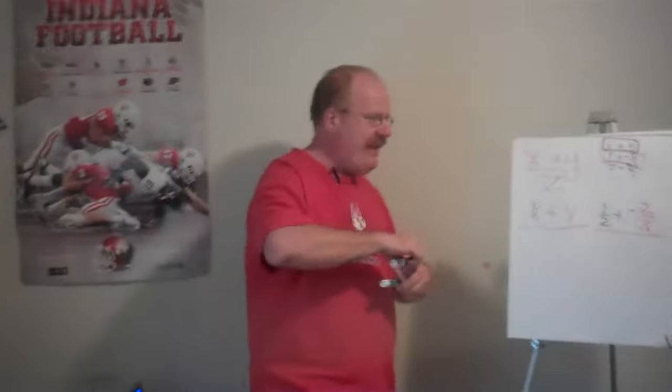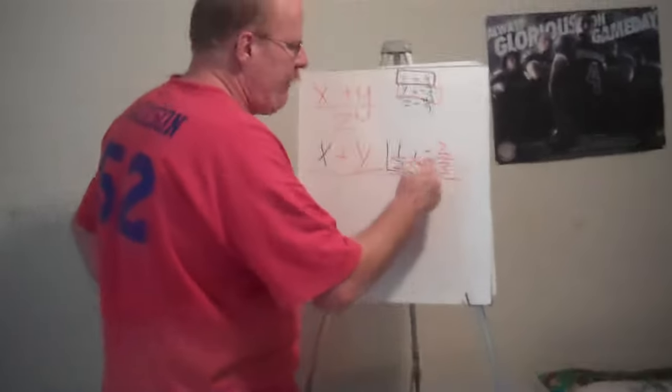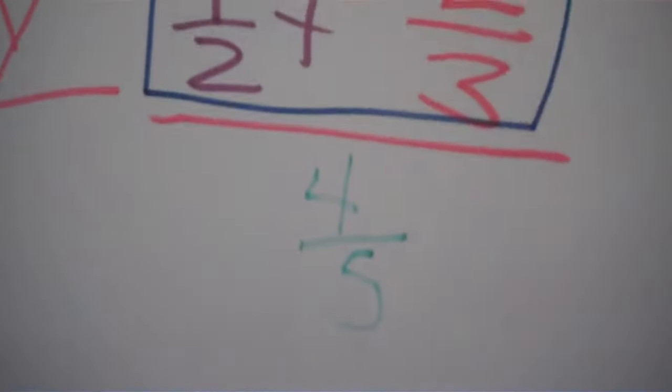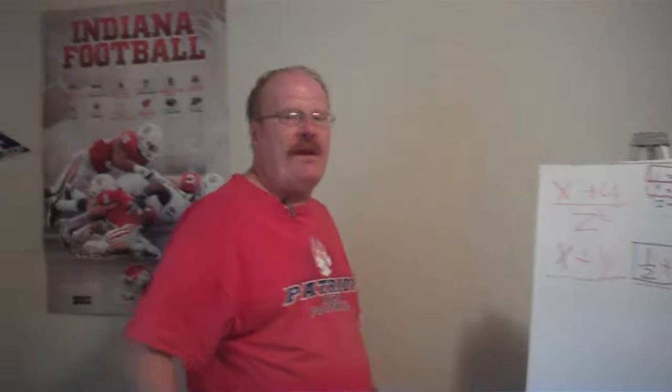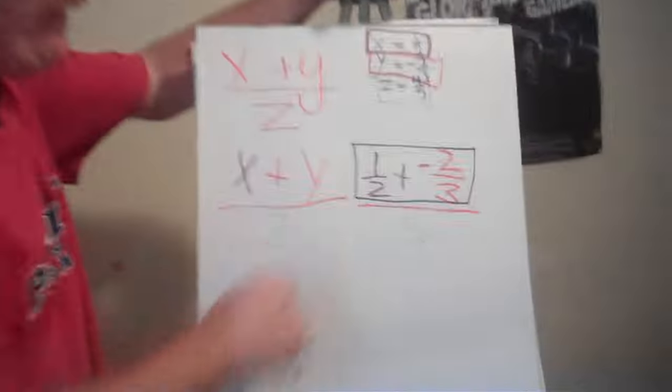Now, our next step is to go ahead and just work out the top number. The bottom number is a fraction, so all we have to do is to figure out what the top number is, and then we can put the two together. But right here, we have 1/2 plus -2/3.